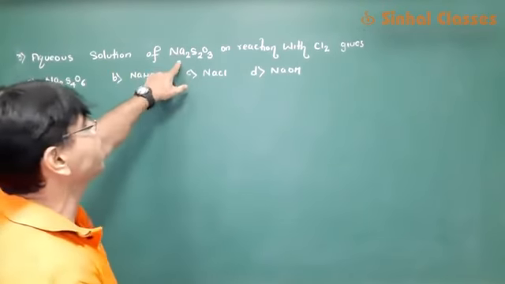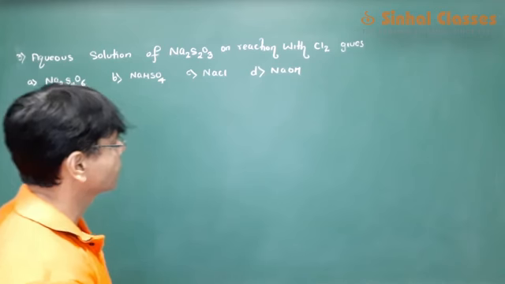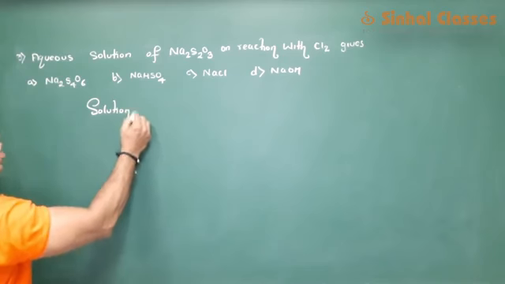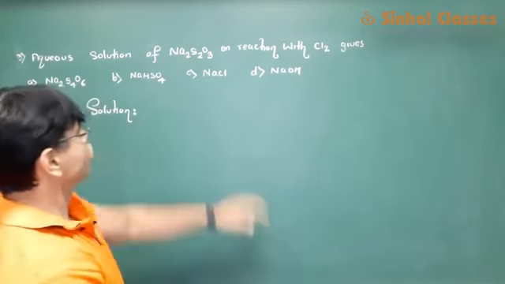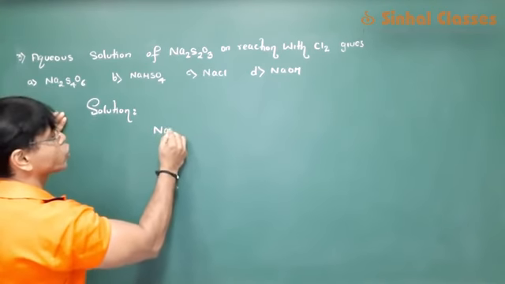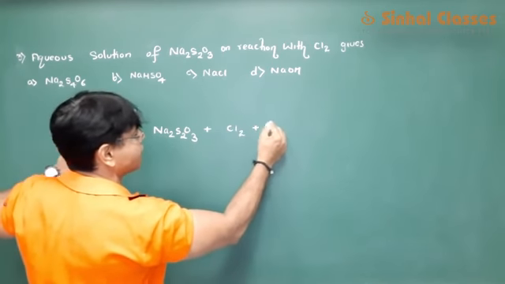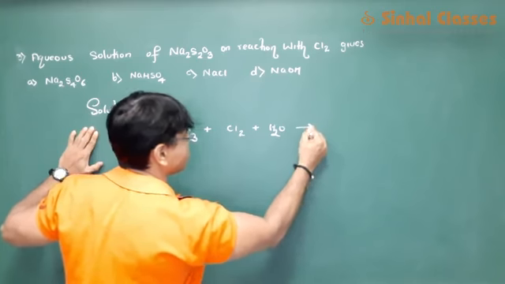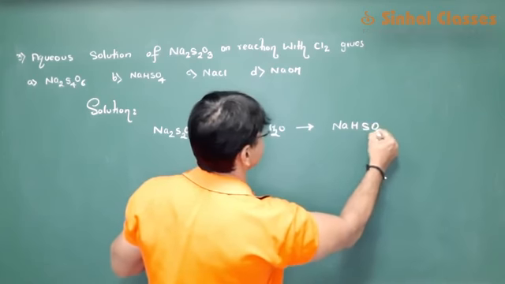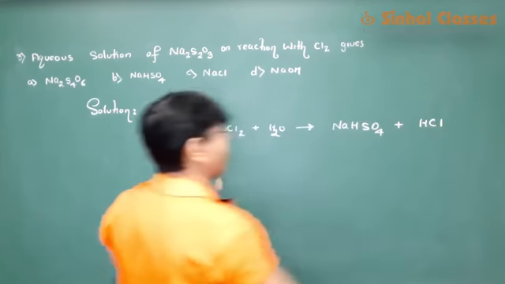Aqueous solution of sodium thiosulfate on reaction with chlorine gives. Now we all know chlorine is an oxidizing agent, so definitely it will oxidize sodium thiosulfate. How? Sodium thiosulfate gets oxidized by chlorine in presence of water to give you sodium bisulfate along with HCl.